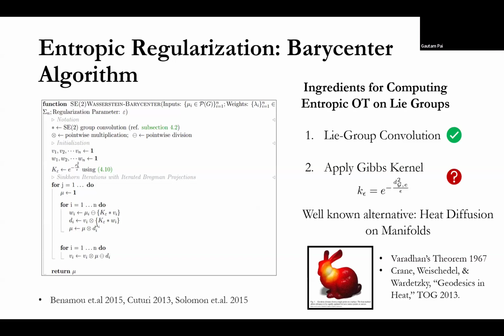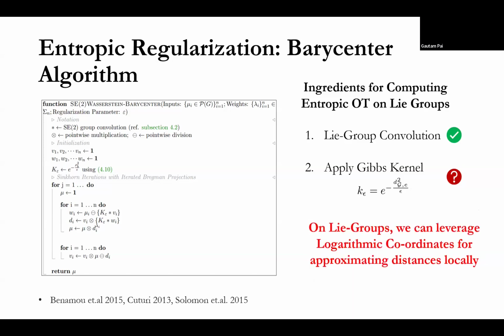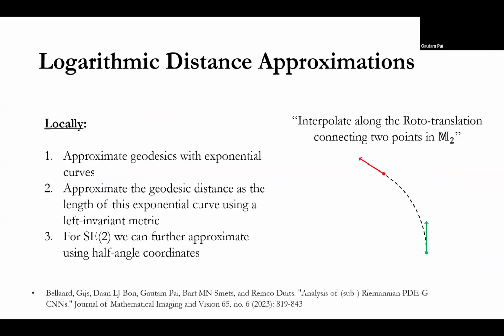I'd like to make a point here that for anisotropic metrics, the geodesic distance in SE2 does not have a closed form, right? So one has to resort to some eikonal or numerical implementation to get it. But what we did try was to approximate that using logarithmic coordinates for SE2. Generally, the high-level idea for the approximation is the following. If you have two positions and orientations which are close by, then you can approximate geodesics with exponential curves.